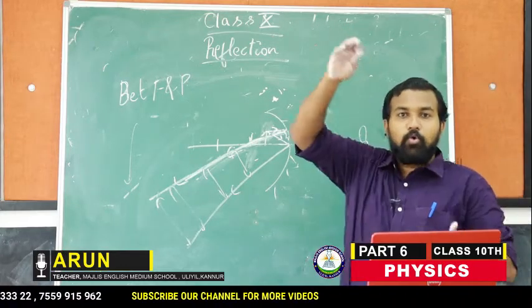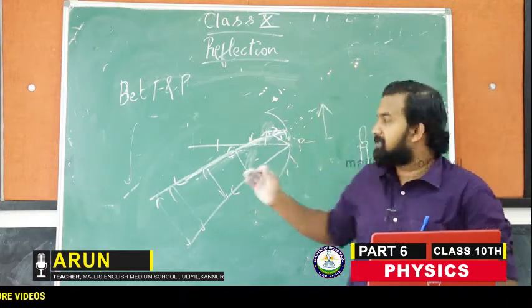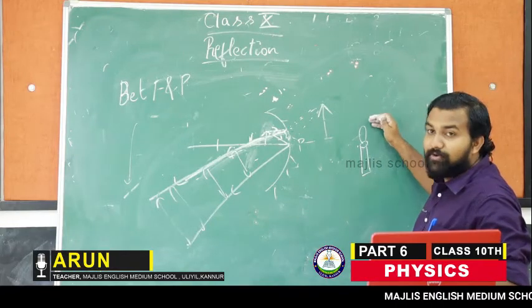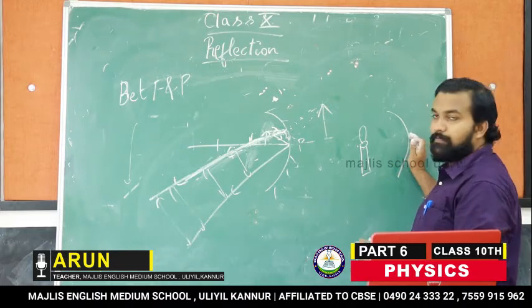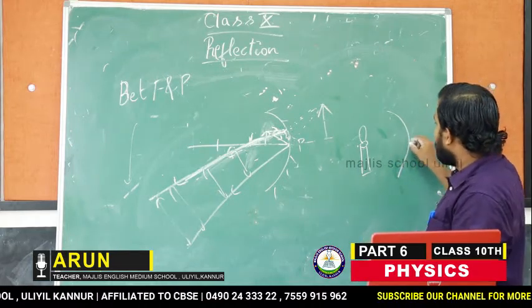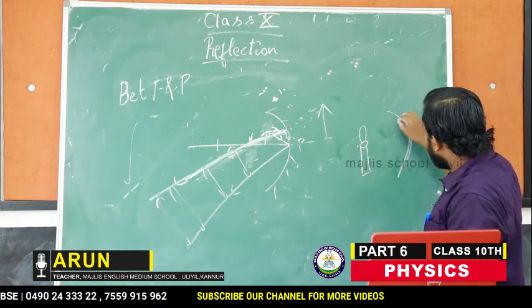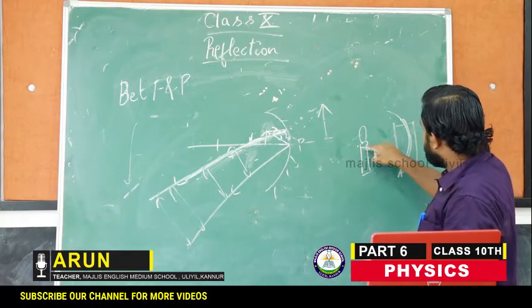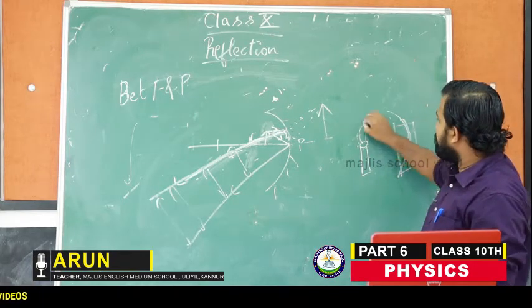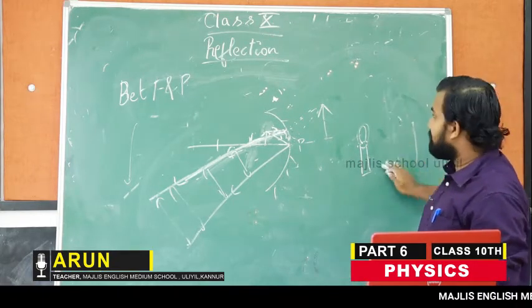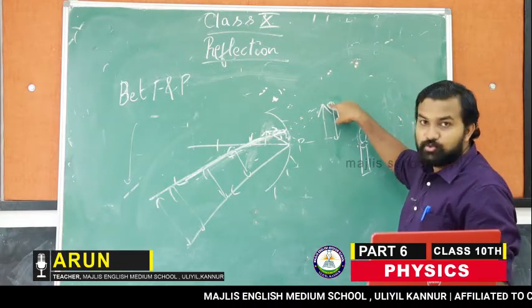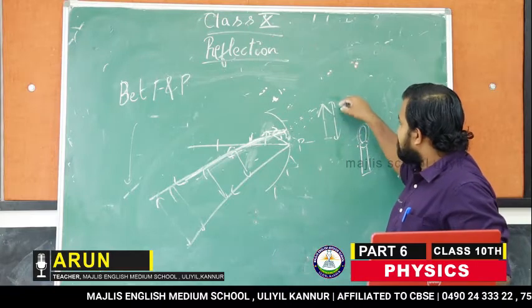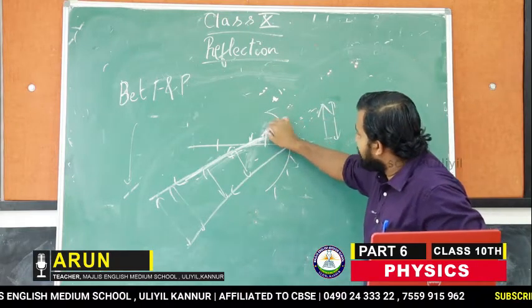If I want to get the whole image, I have to adjust it, so that at some point I will see the flame. That's why we have shown the distance from the principal axis, which means the size is larger than the object.